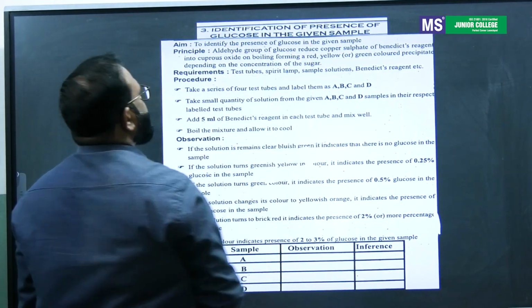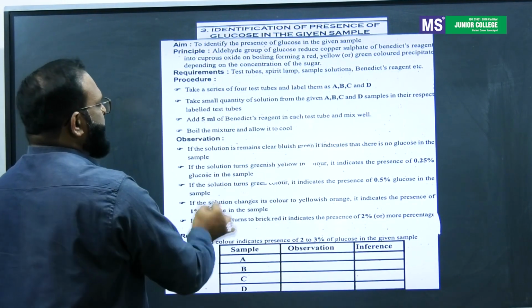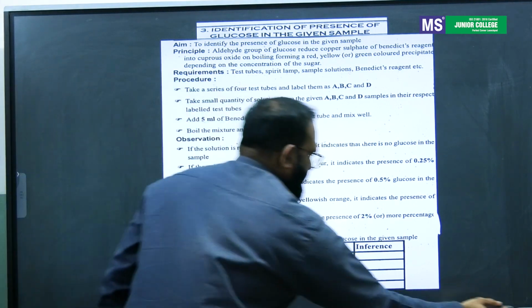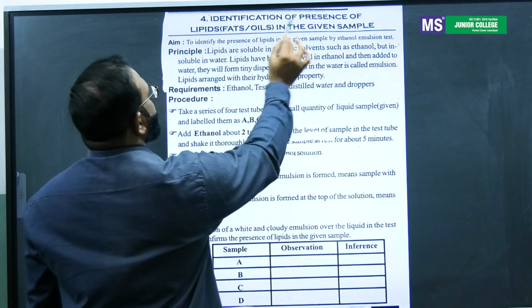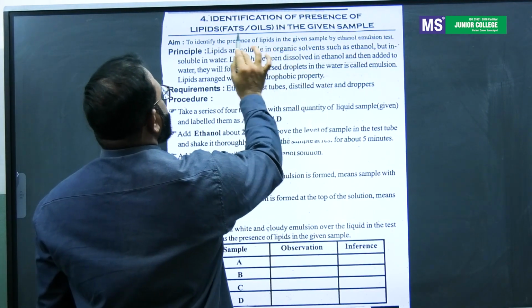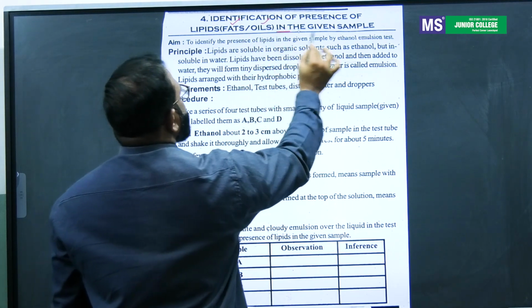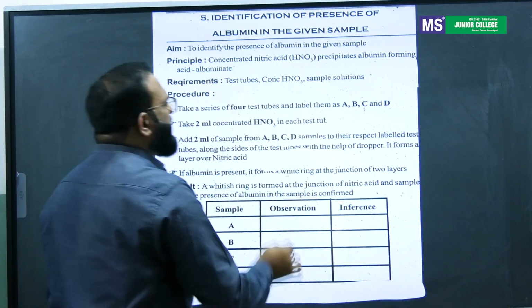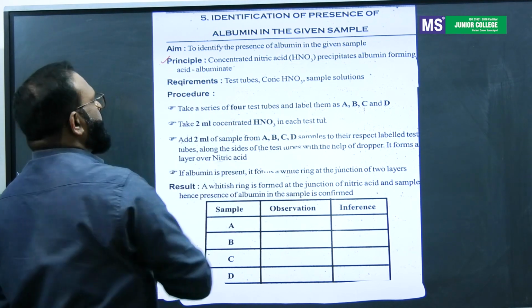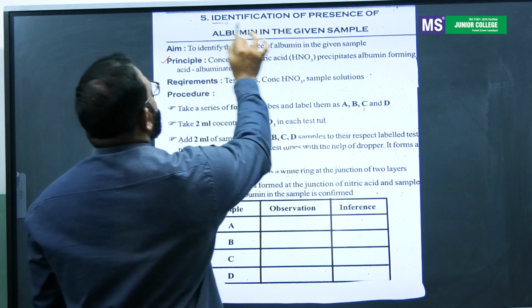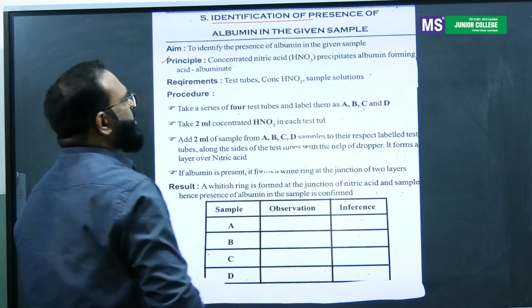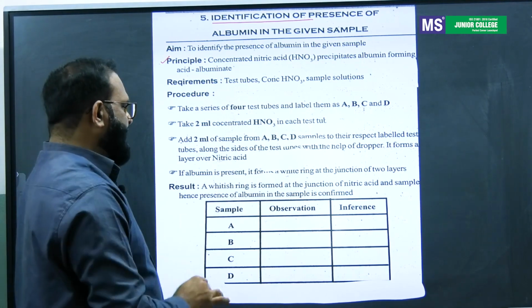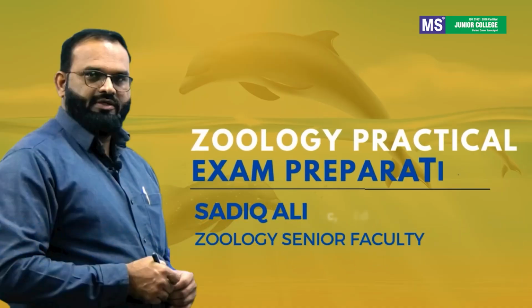Same like that, identification of presence of glucose in the given sample. Identification of presence of lipids, that is either fat or oils, in the given sample. In all these things, please go through the principle properly. And another last one, that is identification of presence of albumin in the given sample.